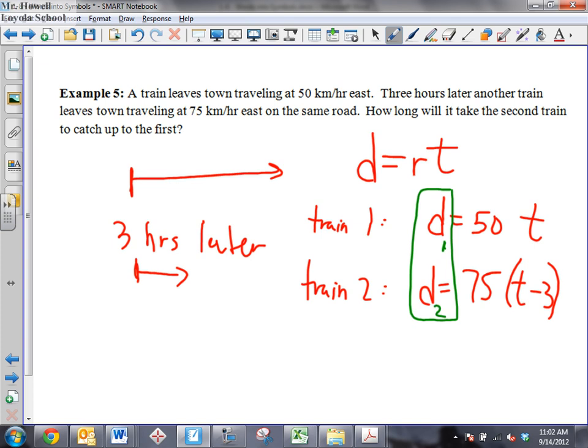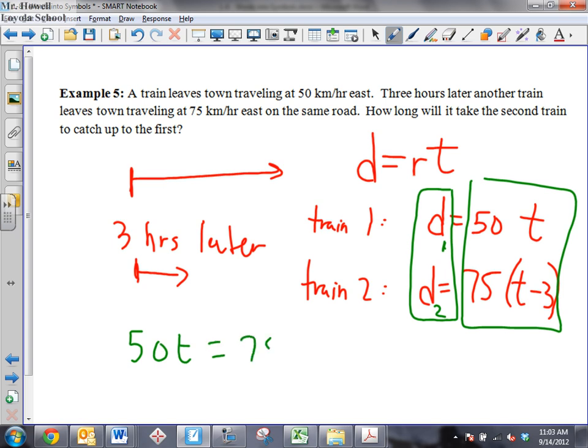So if those are the same, and they're equal to their other quantities by the transitive property, these quantities must also be the same. So we can set them equal: 50t equals 75 times (t minus 3).